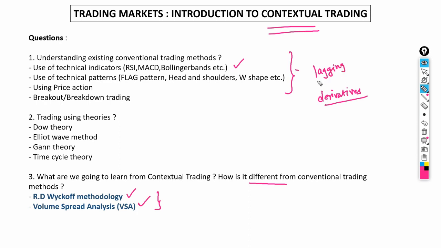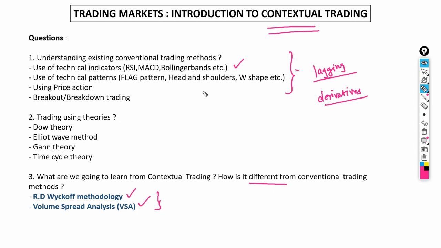So what we are here for is an understanding of something that is going to help us forecast the future price action. But these existing technical indicators really don't help to forecast the future price behavior.